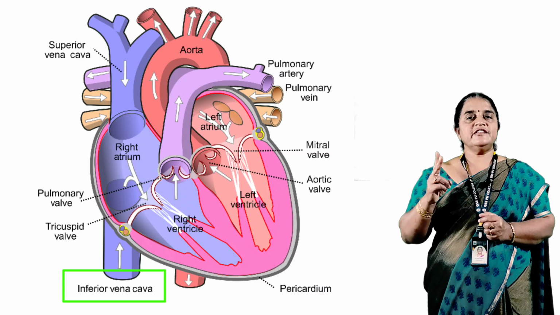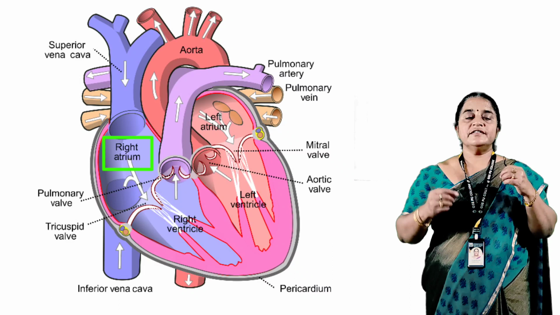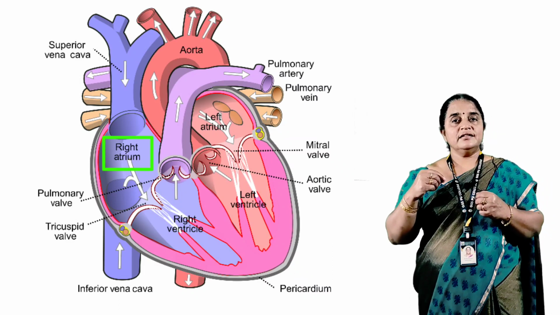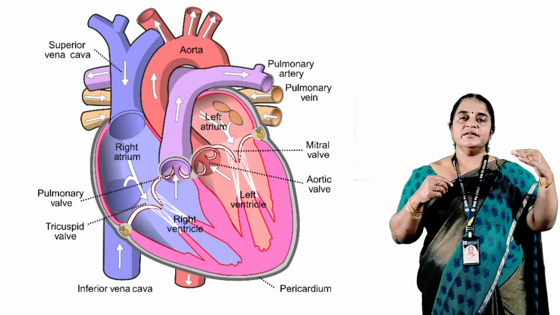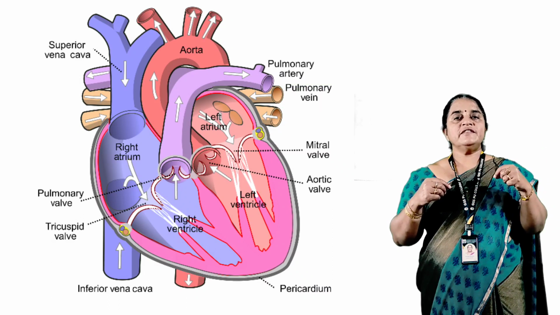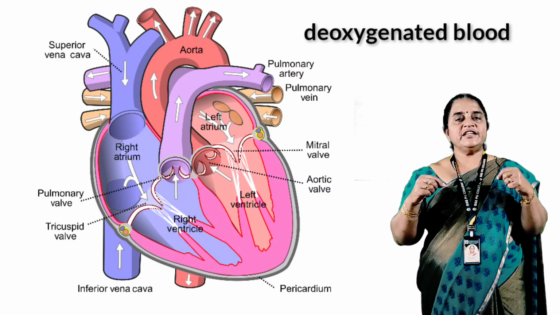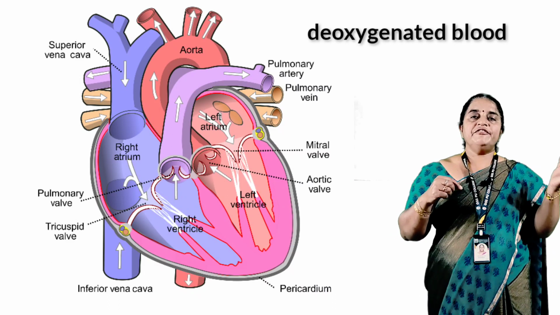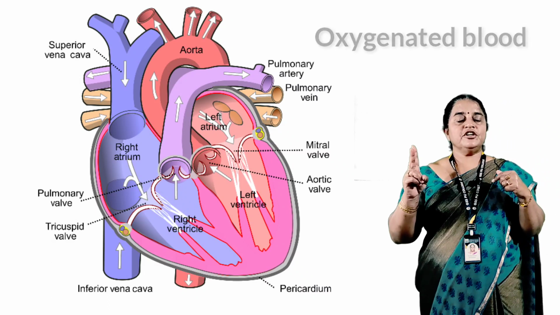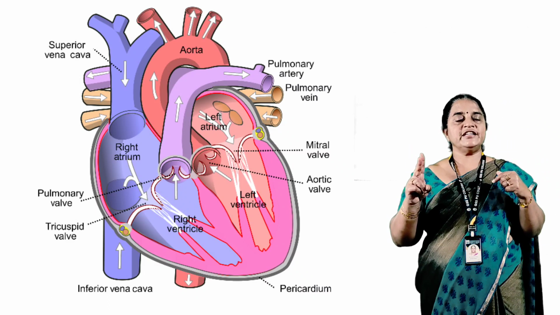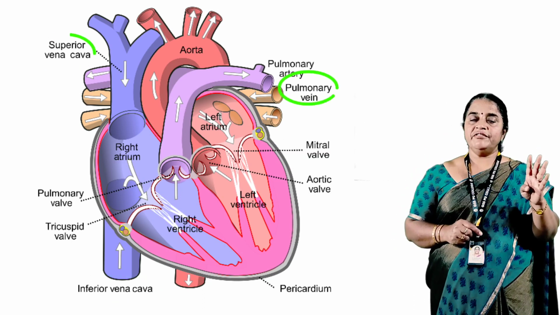These are the two largest veins collecting deoxygenated blood towards the right atrium, while four pulmonary veins collect oxygenated blood from the lungs and open into the left atrium. So the right atrium receives deoxygenated blood from all body parts, and the left atrium receives oxygenated blood from the lungs. The two major blood vessels which collect deoxygenated blood are the superior and inferior vena cava, and there are four pulmonary veins.